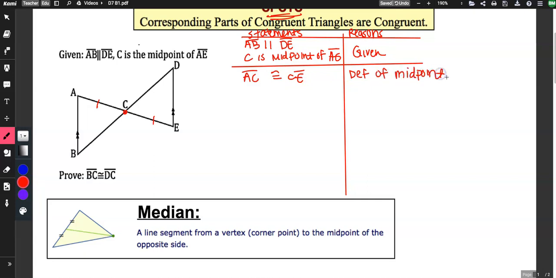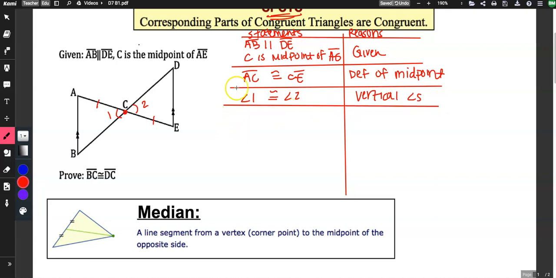Midpoint goes right in the middle of a segment. And then what else do I have here? Looking at this picture, I see these two angles sticking out to me. Those would be vertical angles, so angle 1 is congruent to angle 2 by vertical angles.